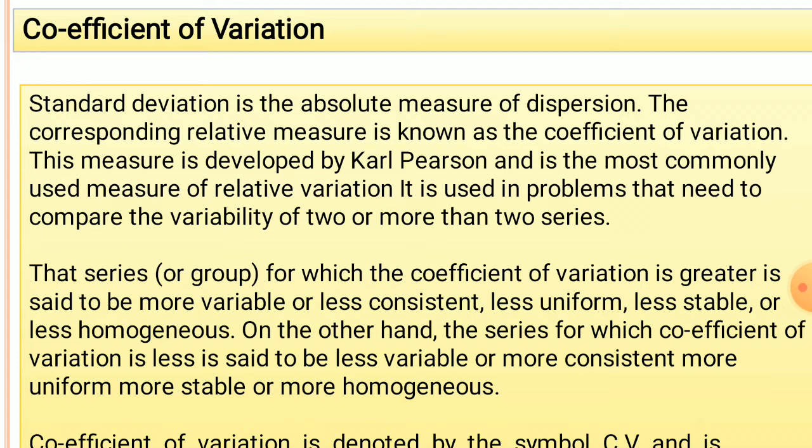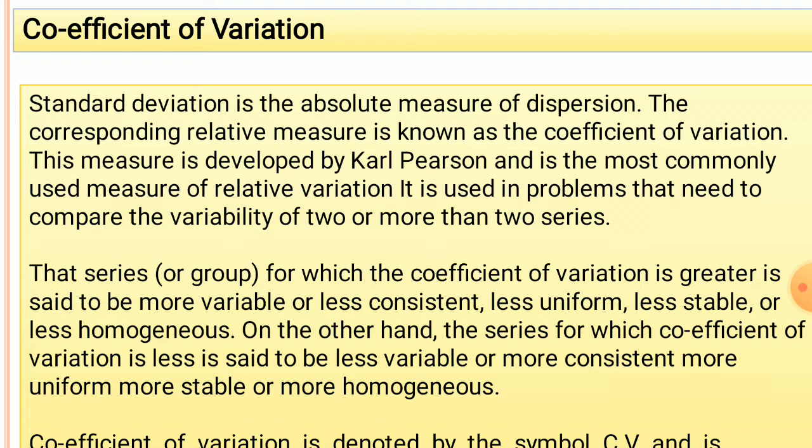That series or that group for which the coefficient of variation is greater, that is, the series in which CV is higher, we say that series or group is more variable, or less consistent, less uniform, less stable or less homogeneous.